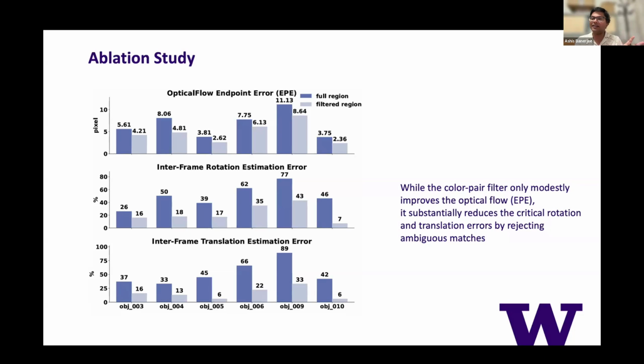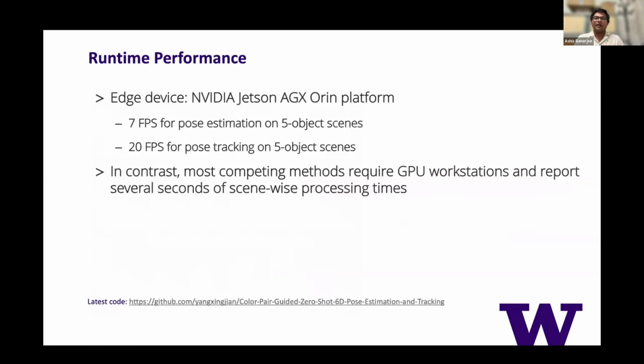So these critical errors are what are being tackled well by our use of these color pair filters. And then last but not least, we are very happy with the runtime performance.